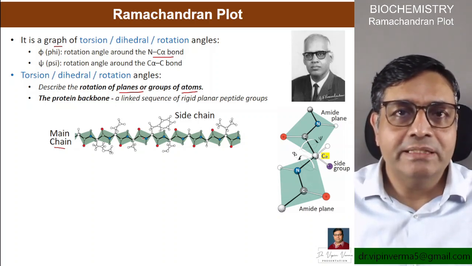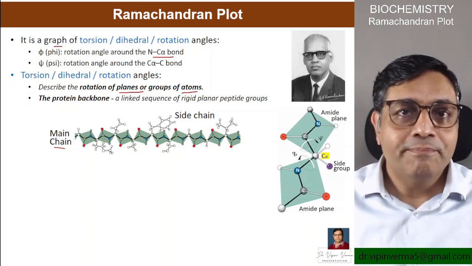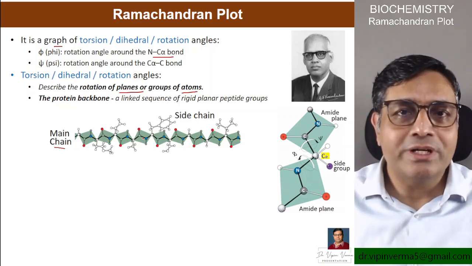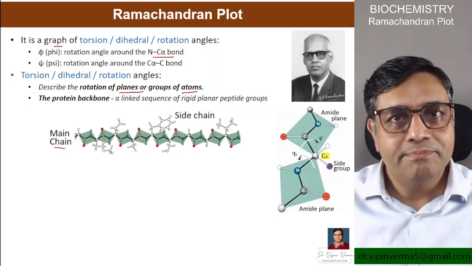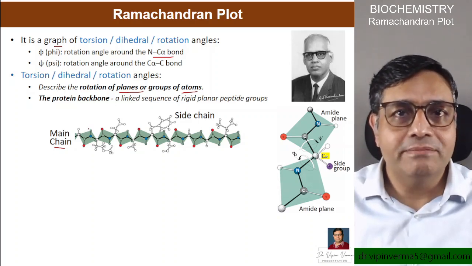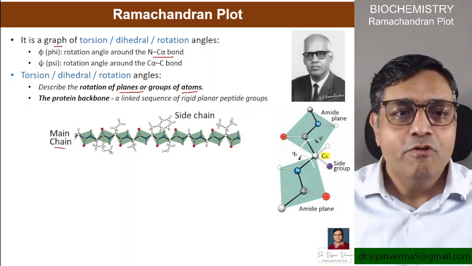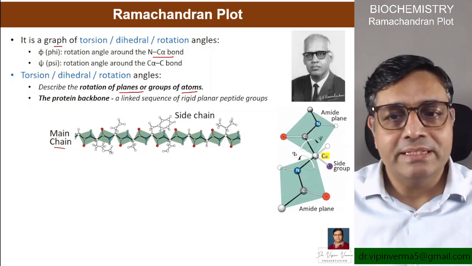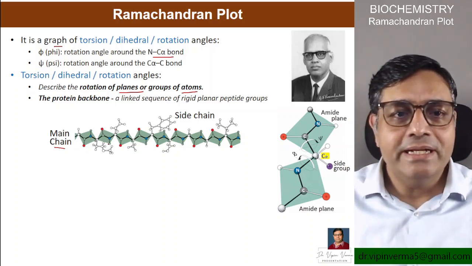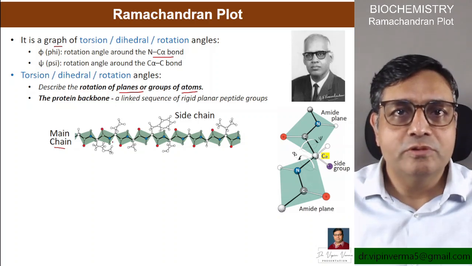As we covered in the previous class, they have double bond character, and because of the double bond character, they cannot be rotated. Therefore they have a fixed plane, and in this fixed plane geometry all the atoms come in the same plane. So here we can see the six atoms which are coming in the same plane. All right, and another plane is again formed by six atoms, right?